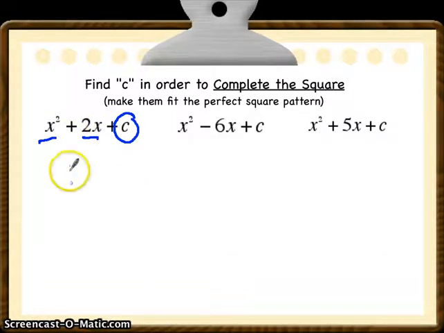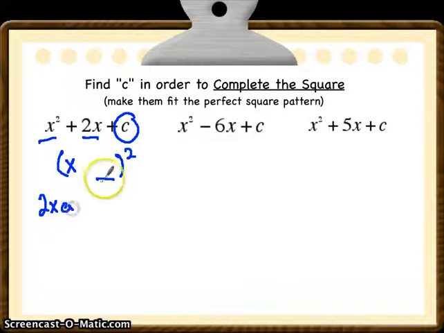So when I think about a perfect square pattern, I think about the fact that I need to have x in order to become x squared. And I think that x times that blank number, times what I need to find, times 2. So 2 times x times, we'll call it a, need to give me that middle number. They need to come up to 2x.